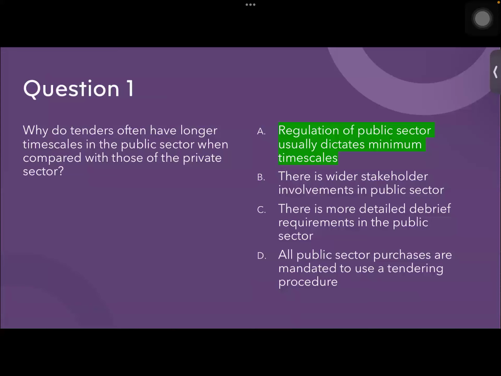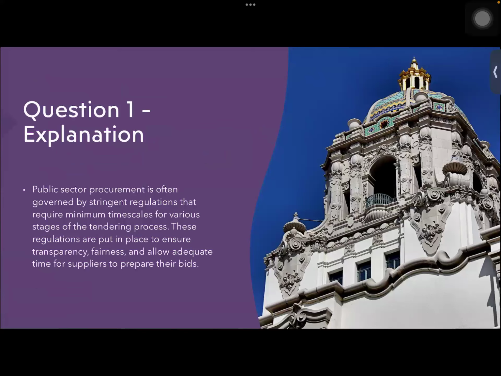And once we run the tender, they need to follow strict regulations and the plan approved by the authority. Okay, so for question number 1, A is the better answer. And you can read my written explanation here. Public sector is often governed by stringent regulations, and they often require a minimum time scale for different types of tender.